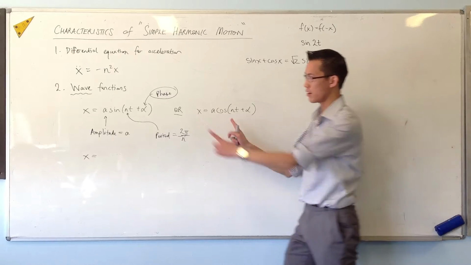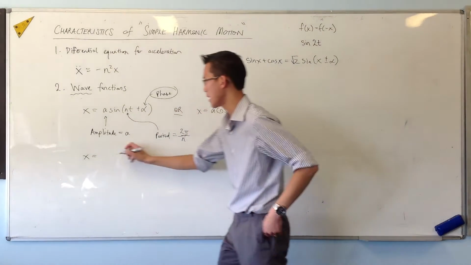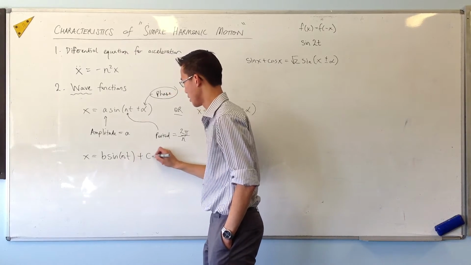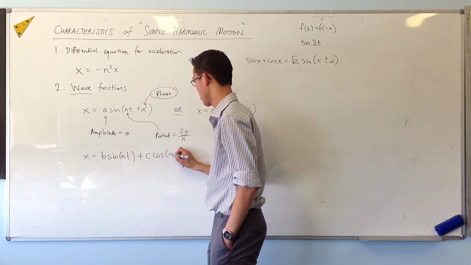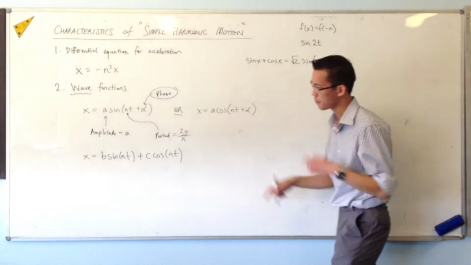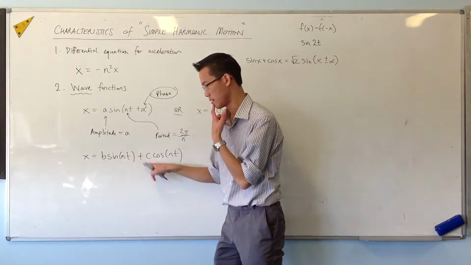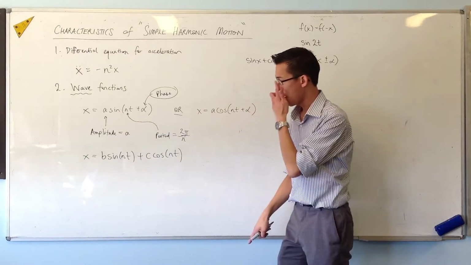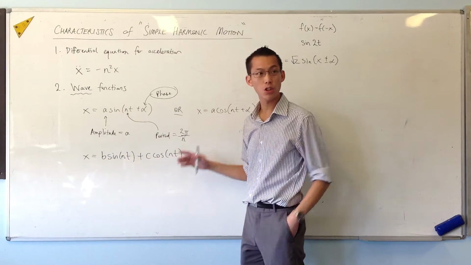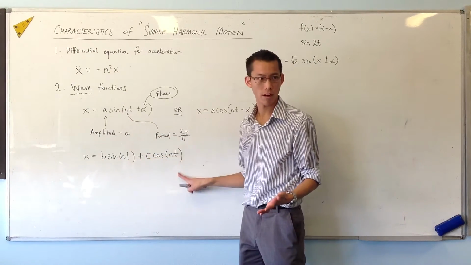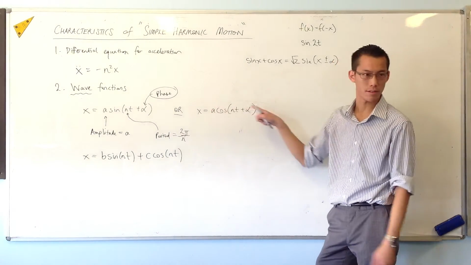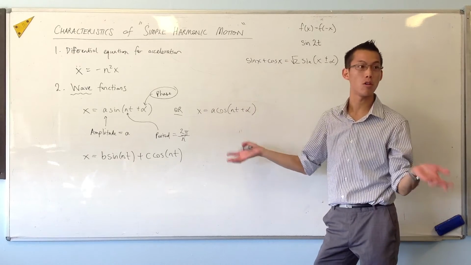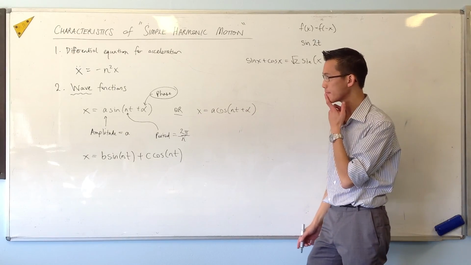So you might not get one nice neat one. You might get two separate ones, like this. I'm calling them B and C because they have to be different coefficients to this original A, right? And if I have two functions here, so long as they have the same period, I'm going to end up with another one of these wave functions, okay? So any of these, they all exhibit simple harmonic motion, all right?